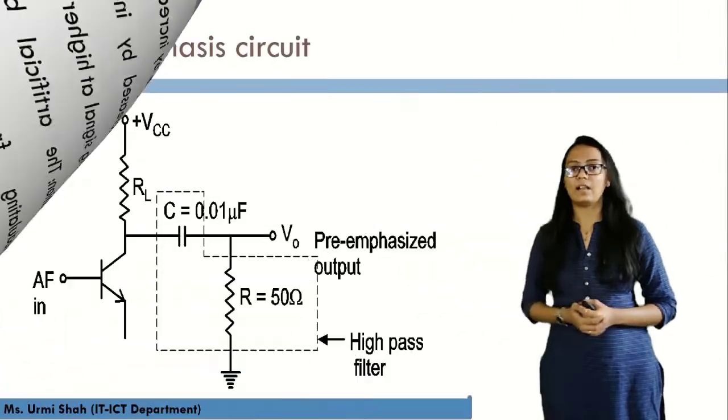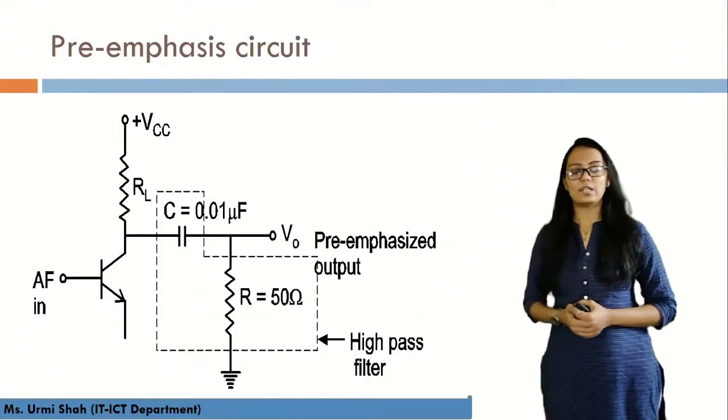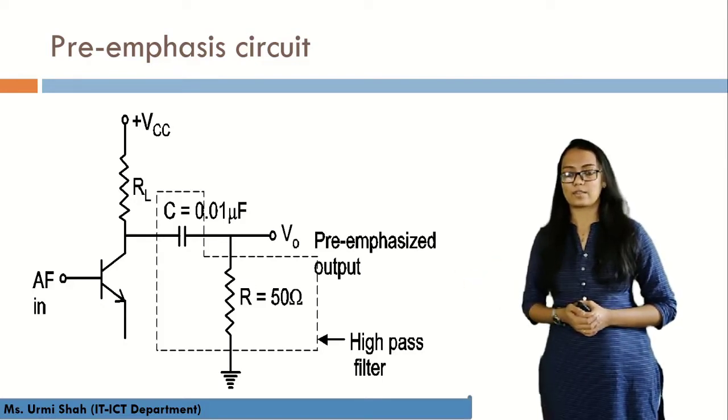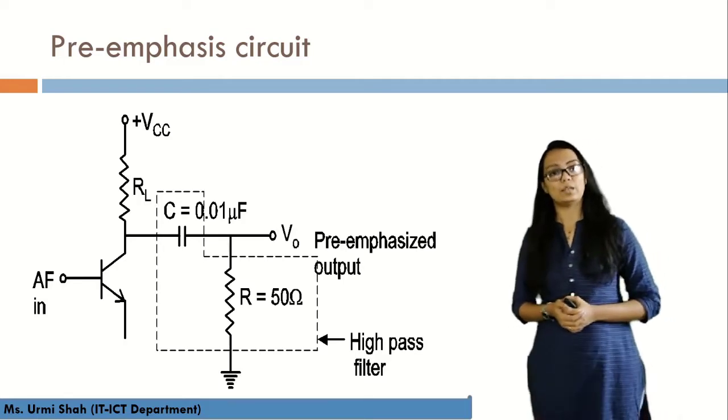Now let's have a look at the circuitry of this preemphasis process. As shown in the circuit, we have the audio frequency input; AF in is nothing but the audio frequency input.